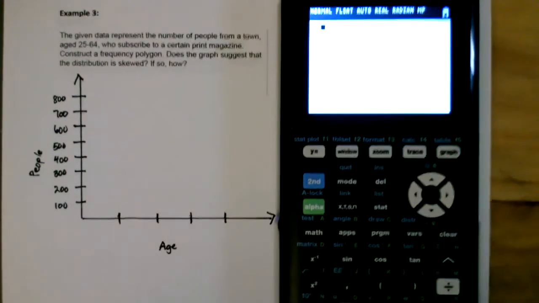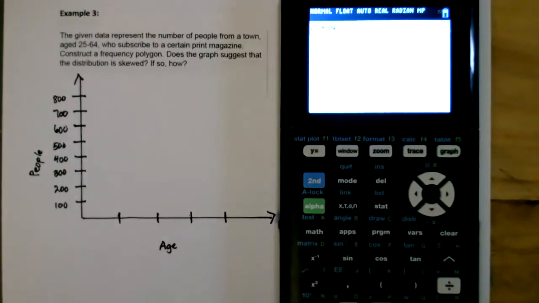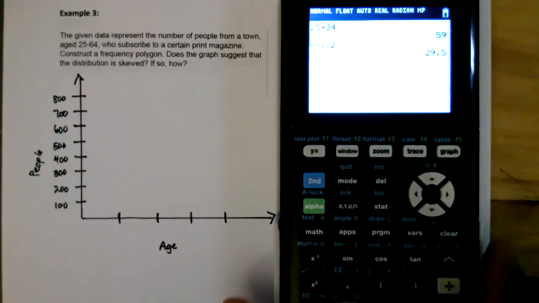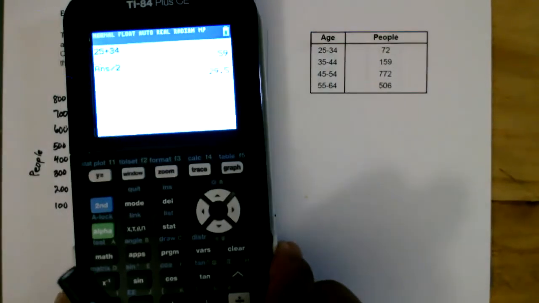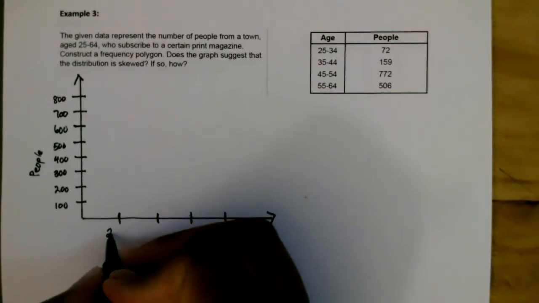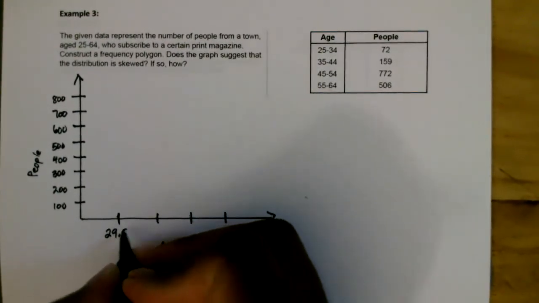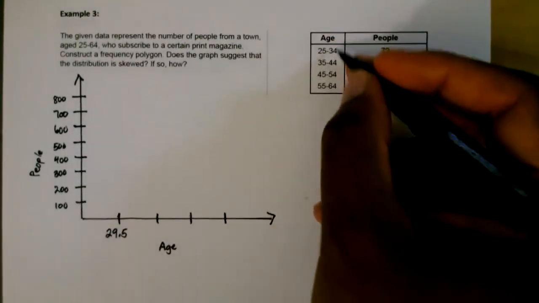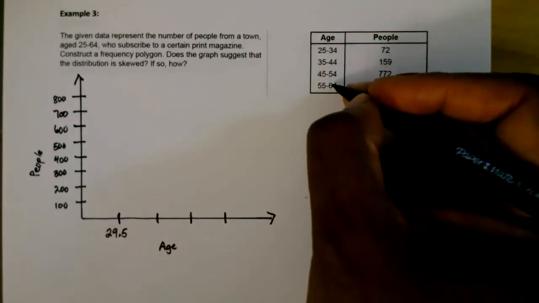So if I do 25 plus 34, that will give me 59. 59 divided by 2 would be 29.5. So the class midpoint for this first class would be 29.5. Now I can do the same for the other 3 classes.